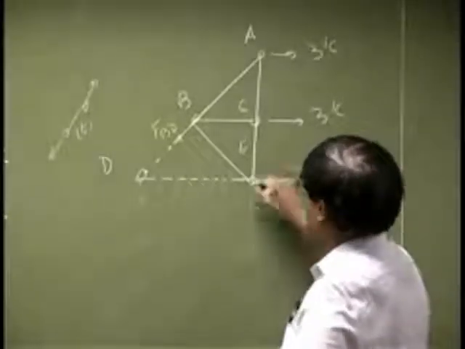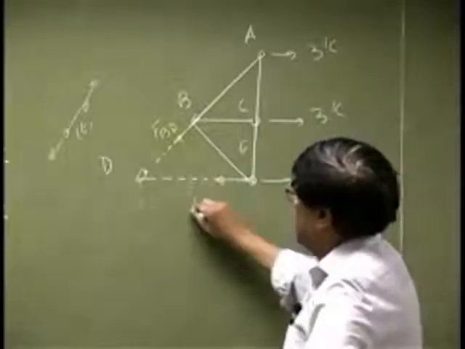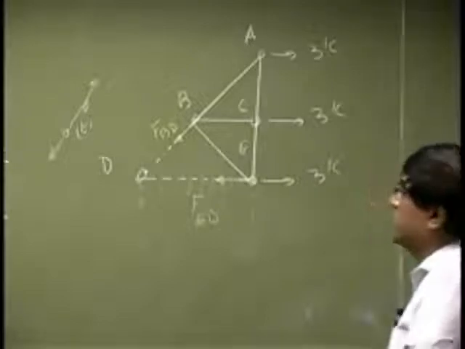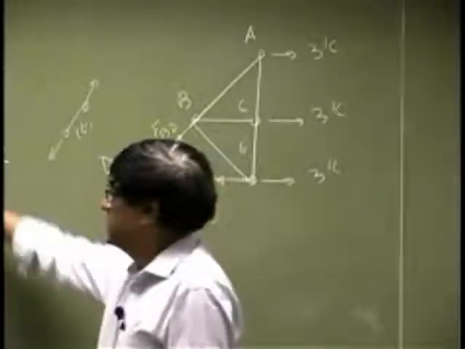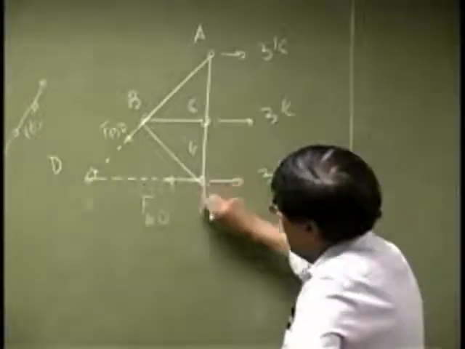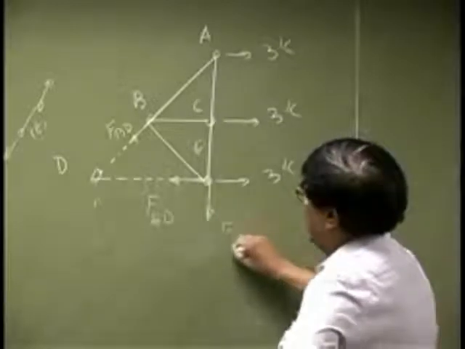So at this joint, there will be a force. We call this as, let's say, FED. Then this member is also not there anymore. So since there is no member, there will be a force in that direction, and that will be FEG.